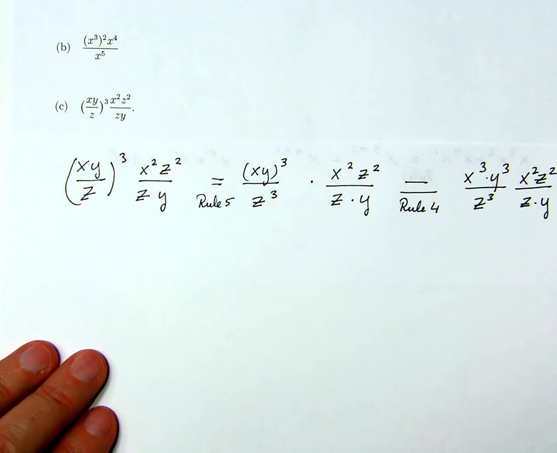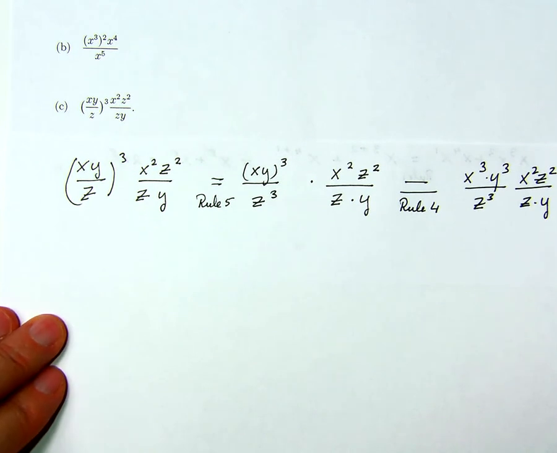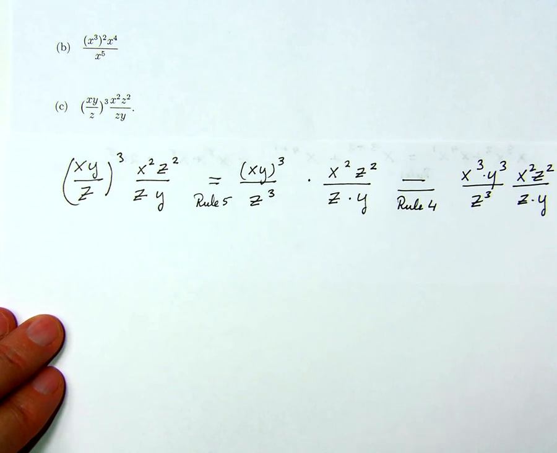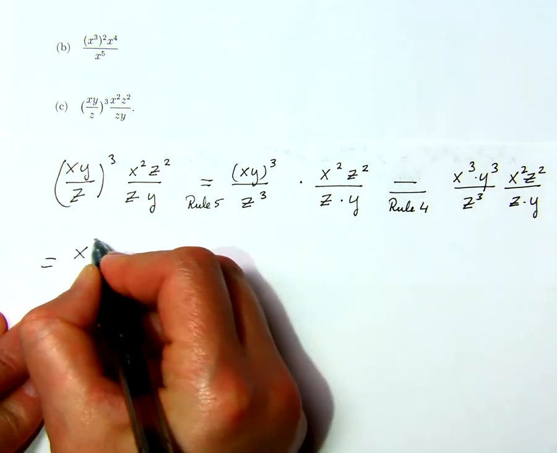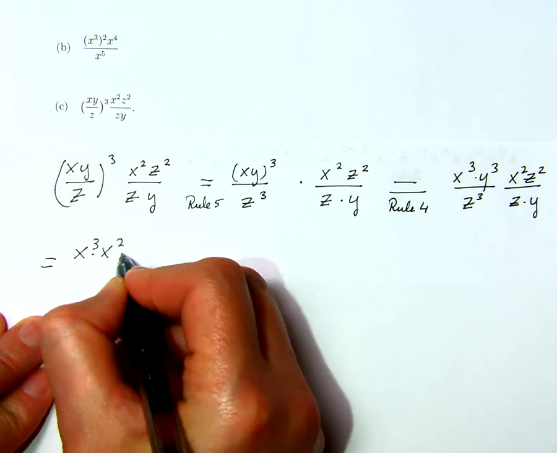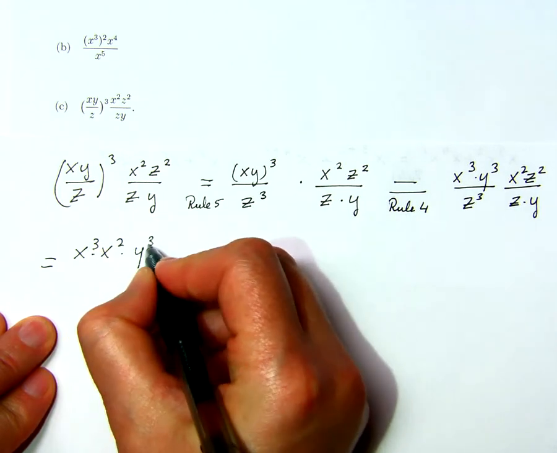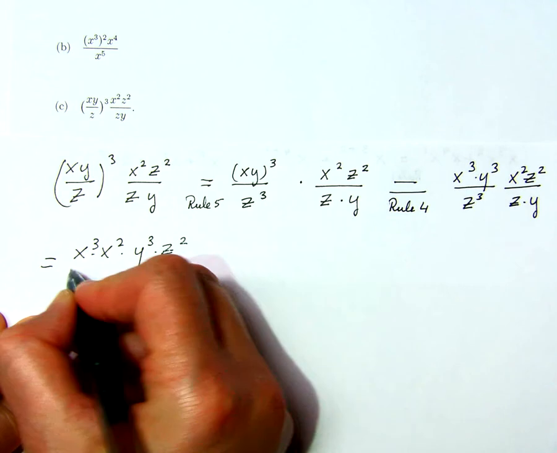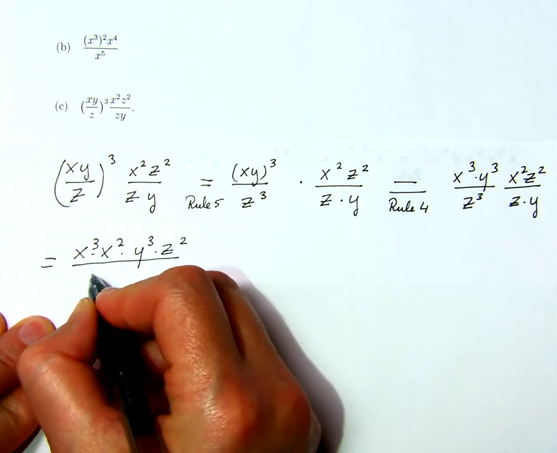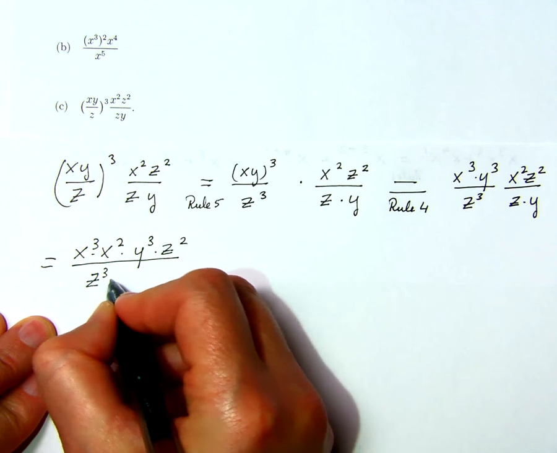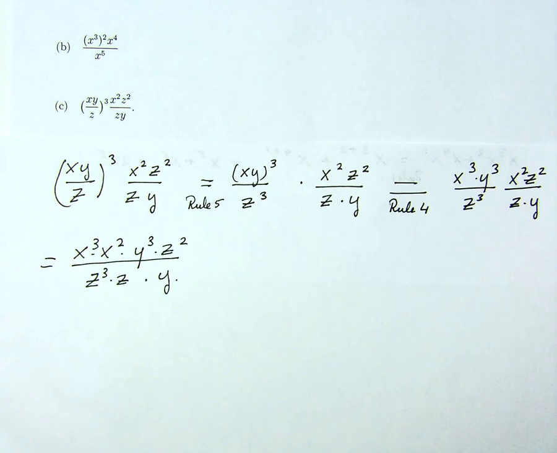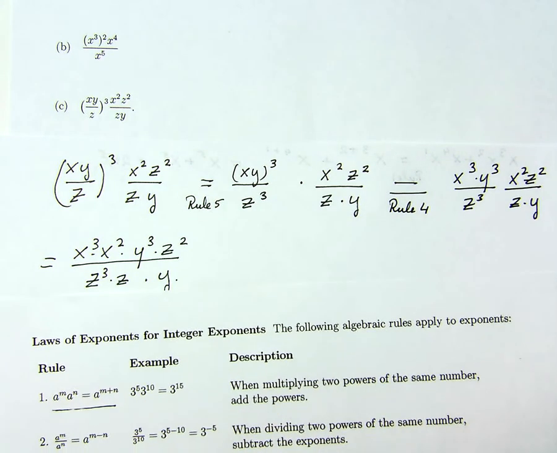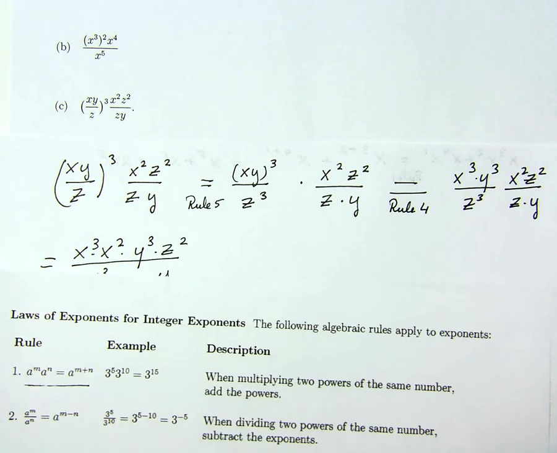Now I'm going to subtract exponents where I can. First I'm going to amalgamate the powers, and I'm going to put all of the x's together, so that's x cubed times x squared times y cubed times z squared over z cubed times z times y. And now we're back to using rule number 1 here to amalgamate these powers.